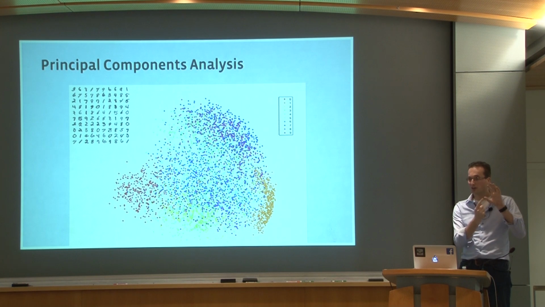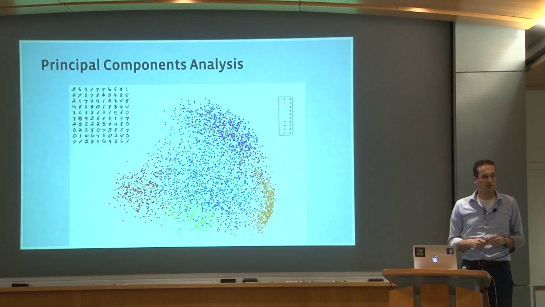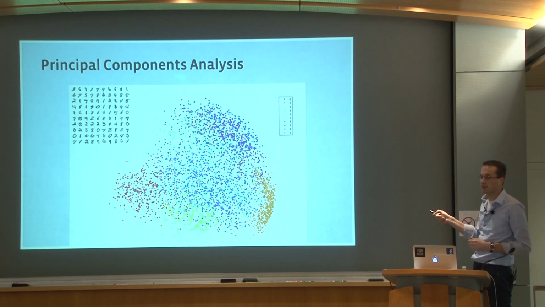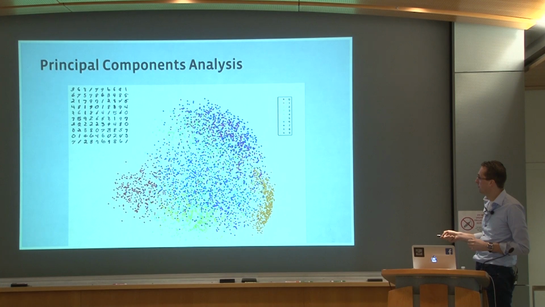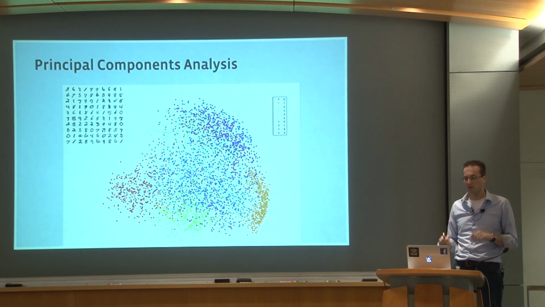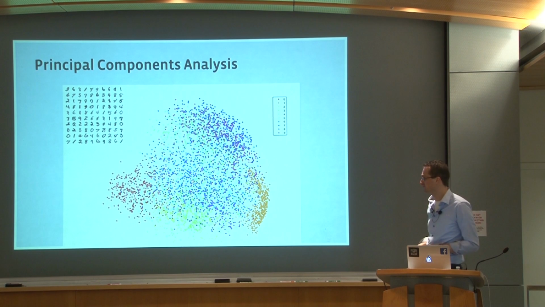A 0 and a 1 have very few overlapping pixels. The second principal component basically goes from 4s, 7s and 9s here to 3s, 5s and 8s here. So both those groups are sort of similar in terms of the number of overlapping pixels.